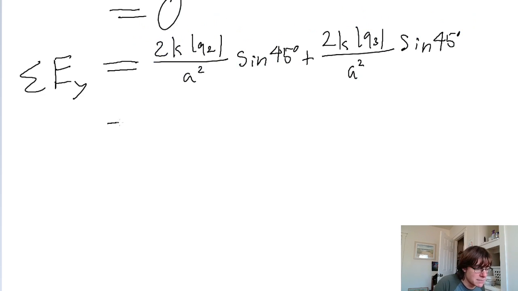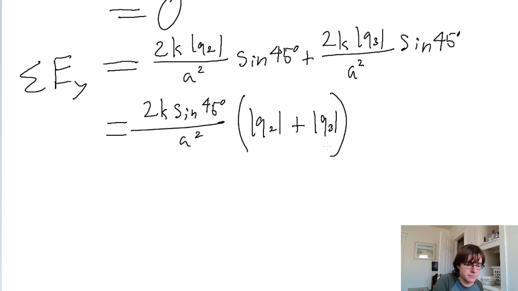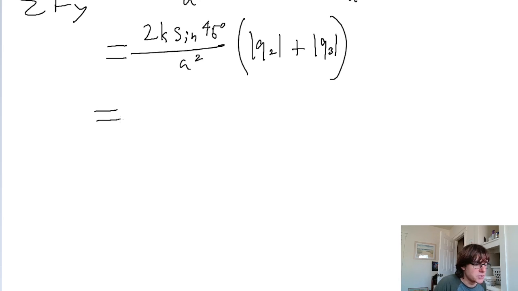If you want, you can simplify this a little bit by factoring out everything except for the charges. So that's 2k sine of 45 degrees divided by a squared, all multiplied by the magnitude of q2 plus the magnitude of q3.